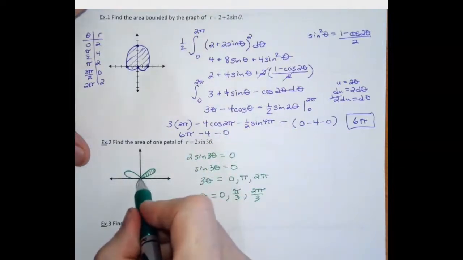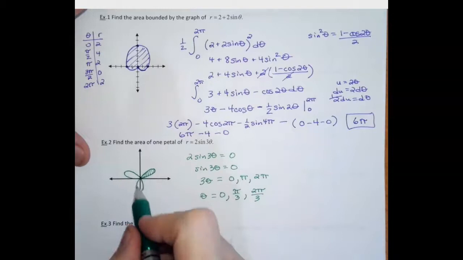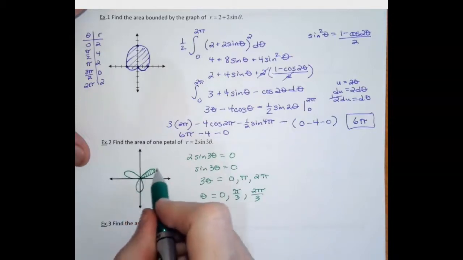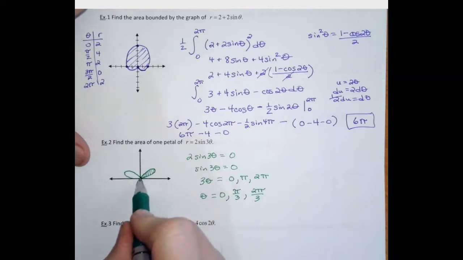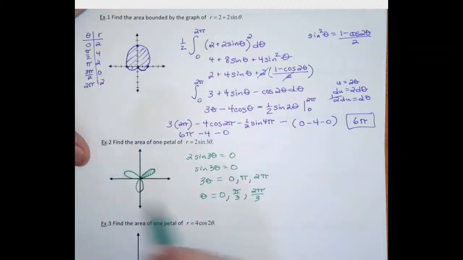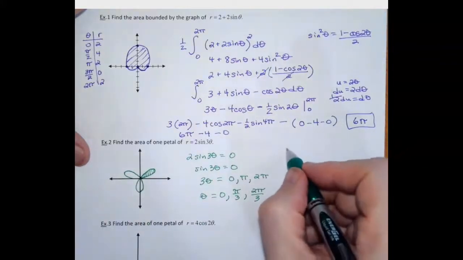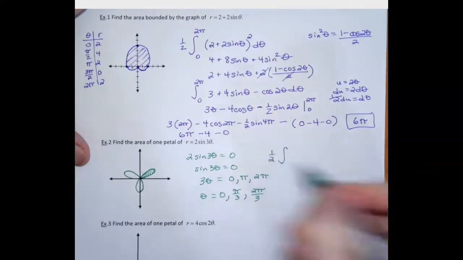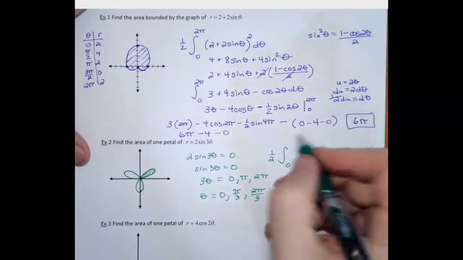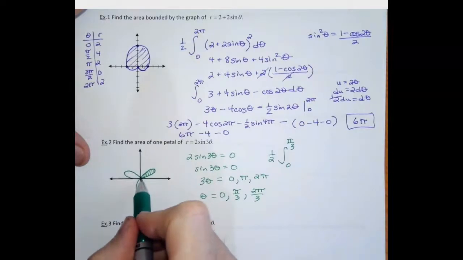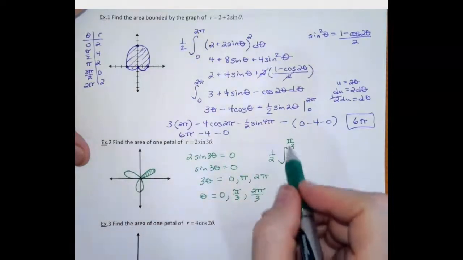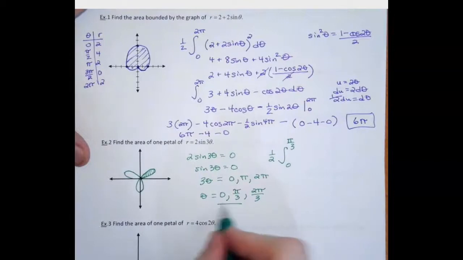So we're starting at 0, and by the time we get to pi over 3, we hit 0 again, and then down. We could get more values as well, but since we're just trying to find one petal, the formula is always 1/2, and we're going to go from 0, and by the time we hit pi over 3, we're back to 0, so that's one petal. That's how I'm determining these values here.